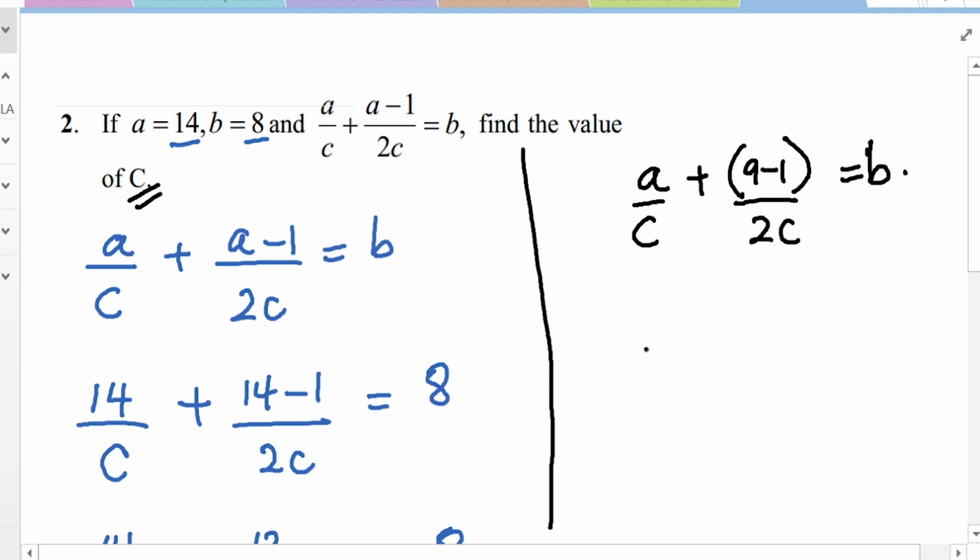Find the LCM. LCM of 2c and c, that is 2c. 2c divided by c is c, times a. Then 2c divided by c is 2, 2 times a is 2a, plus 2c divided by 2c is 1, that is going to give us a minus 1 is equal to b.